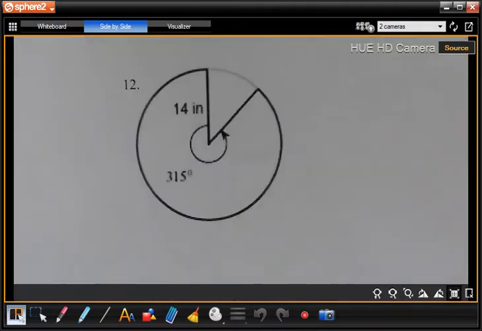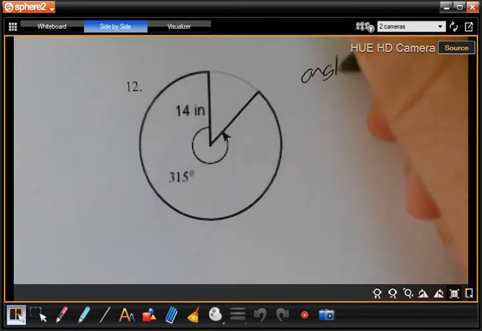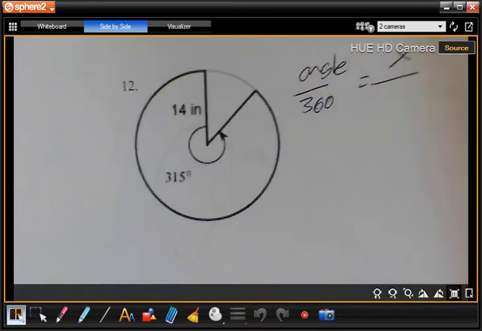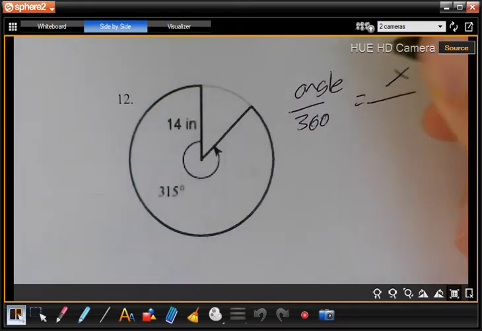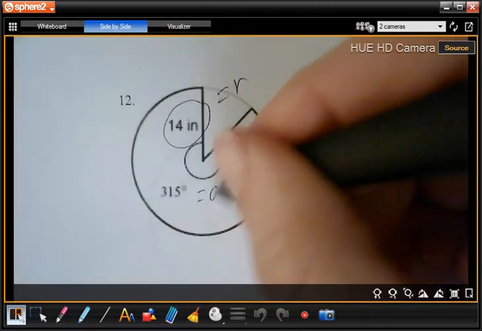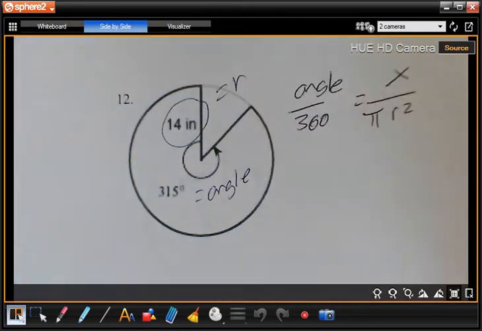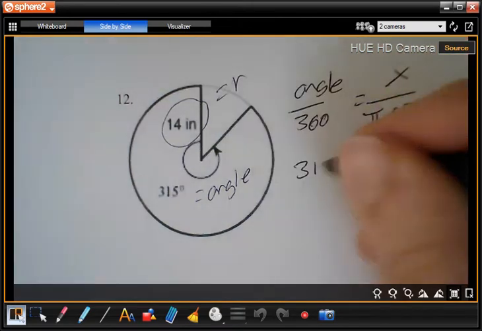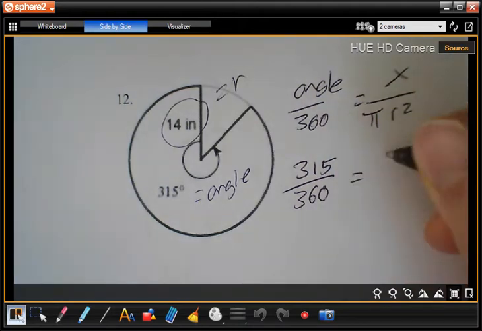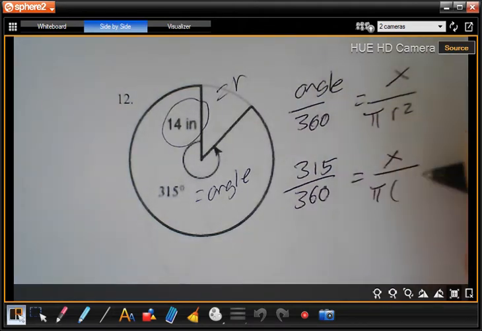Number 12, remember the formula again is angle over 360 equals x over pi r squared, because I'm looking for area this time, pi r squared. This is my r. This is my angle, and then I'm going to plug them in. So I get 315 over 360 equals x over pi 14 squared.